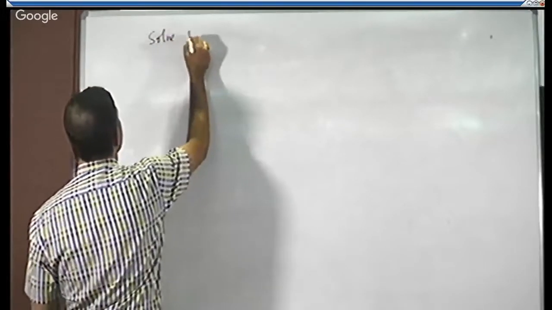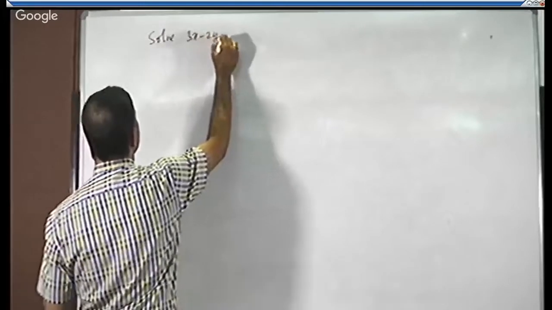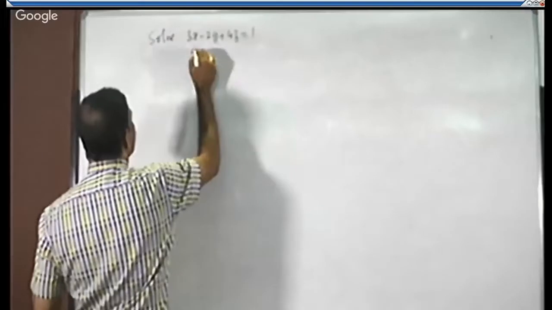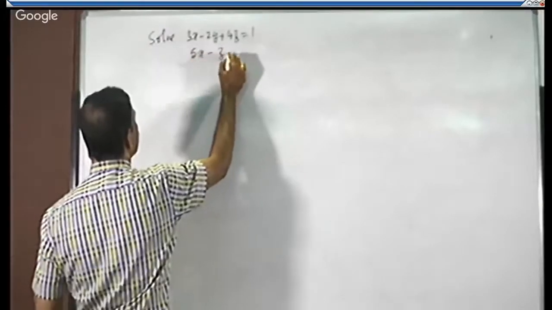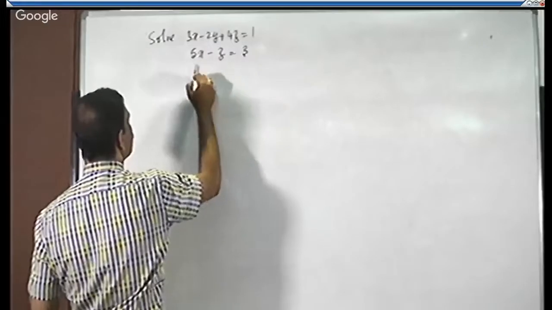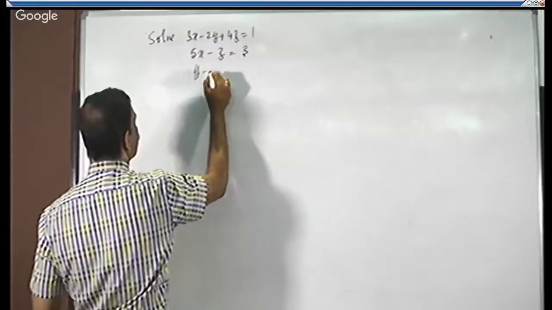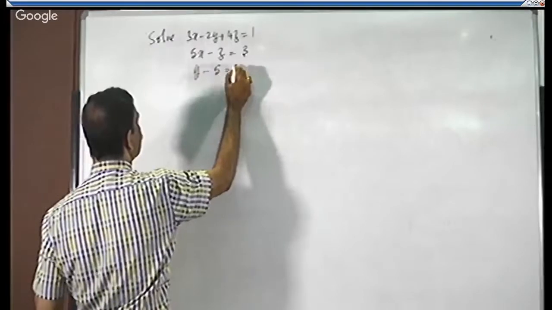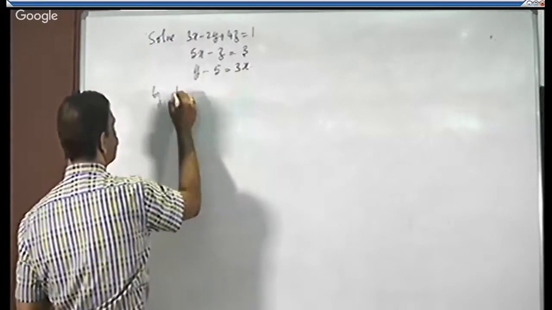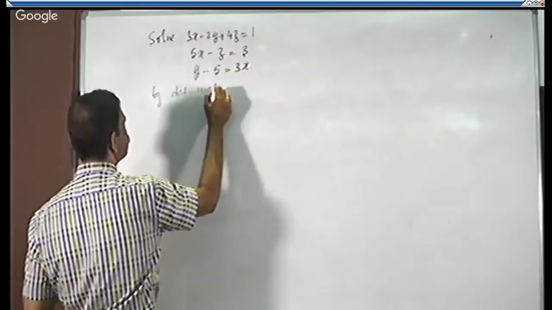Solve 3x minus 2y plus 4z is equal to 1, 5x plus z is equal to 3, y minus 5 is equal to 3x by determinant method.